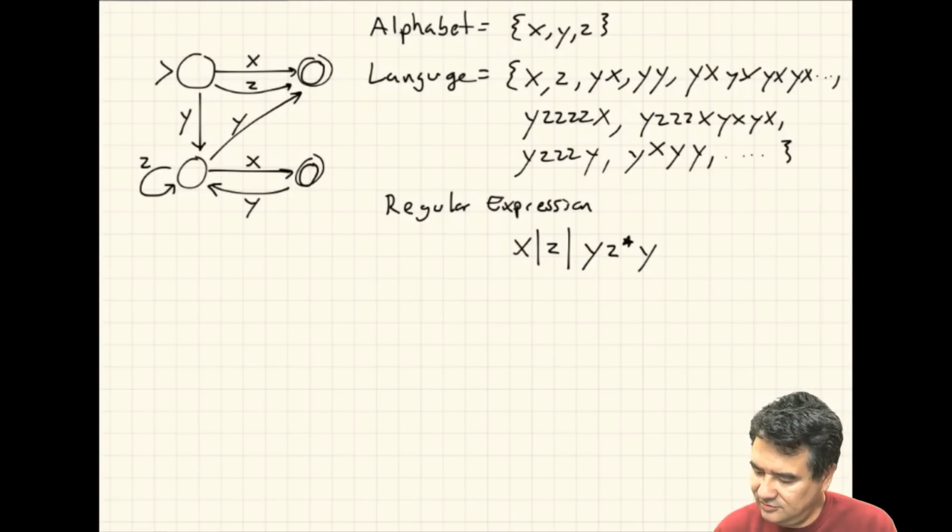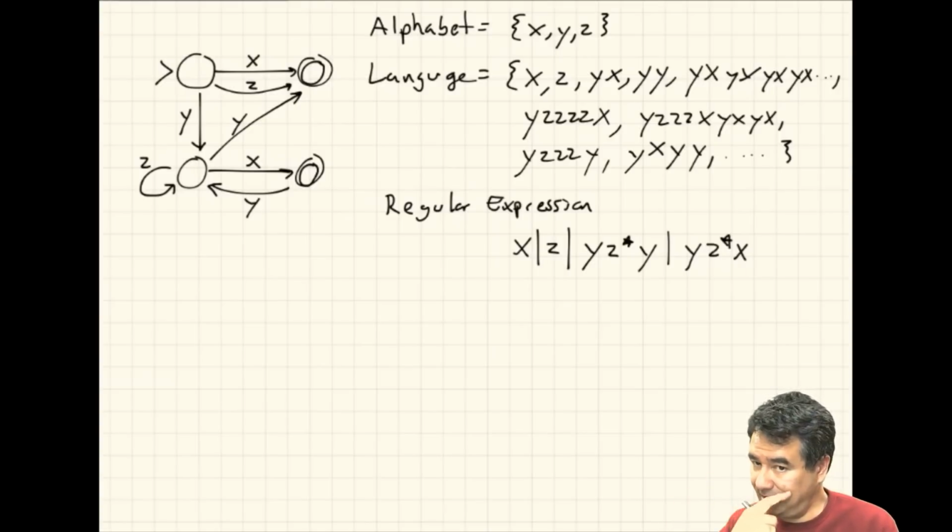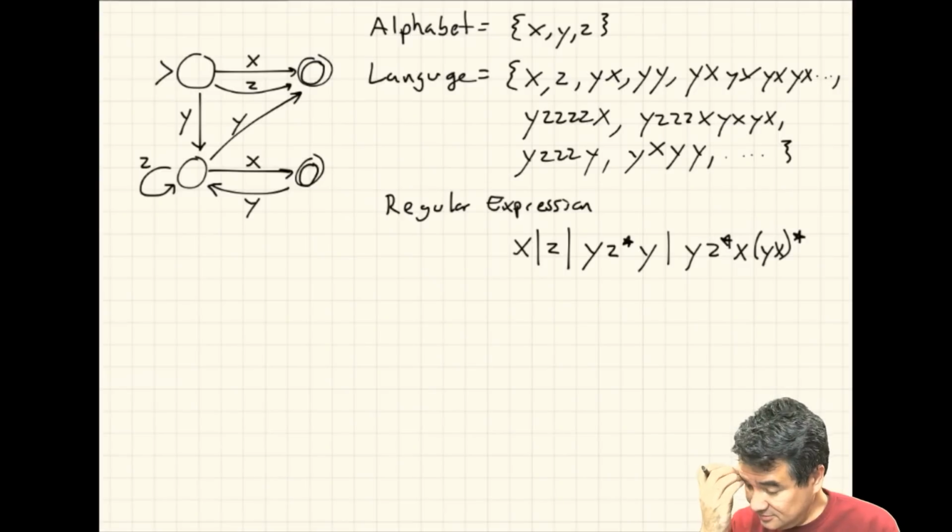So what I'm doing is I'm just kind of writing them all down. Then we got y, z star, x. And that gets us across the bottom, followed by yx star. Because then we can do z's also. Well, let's write down another case.